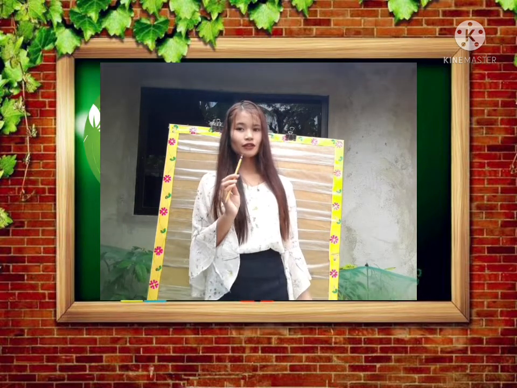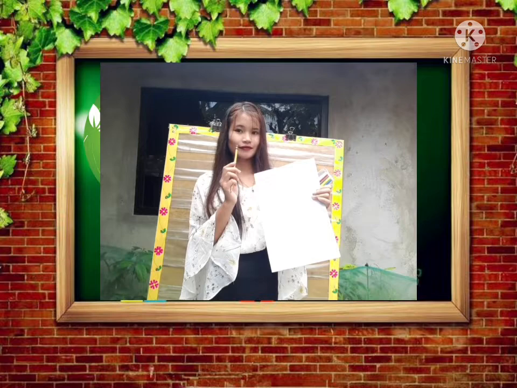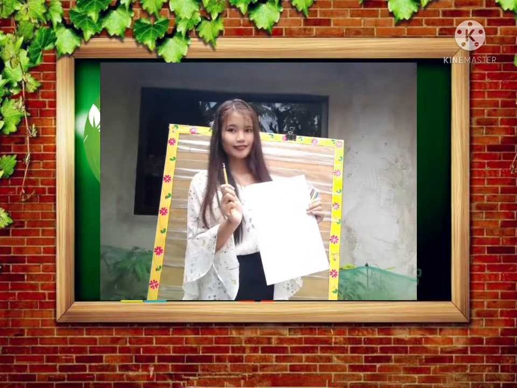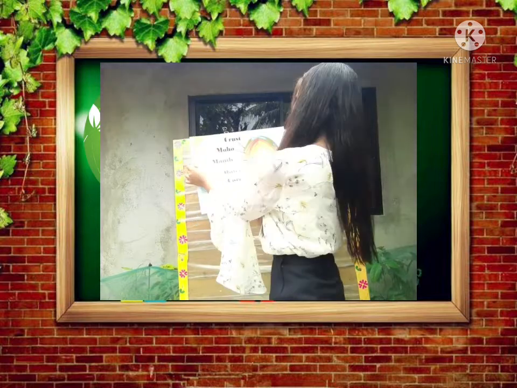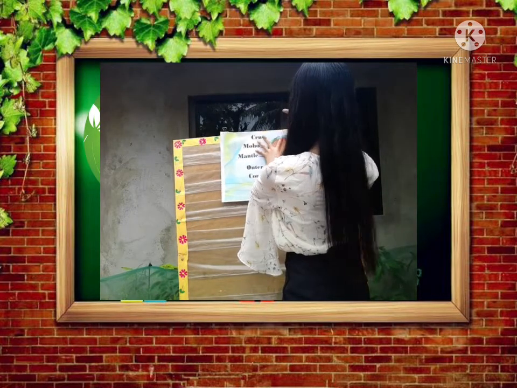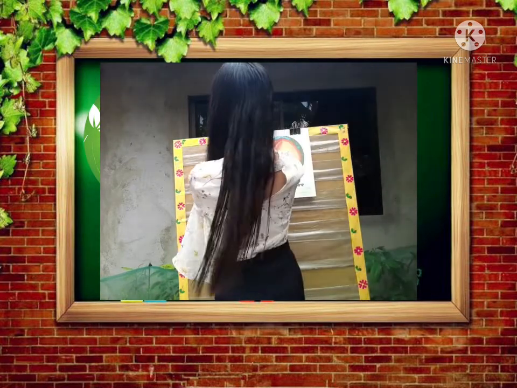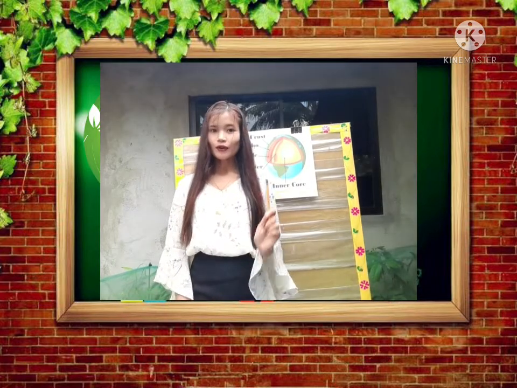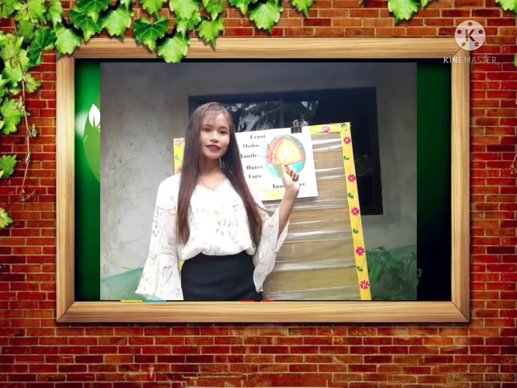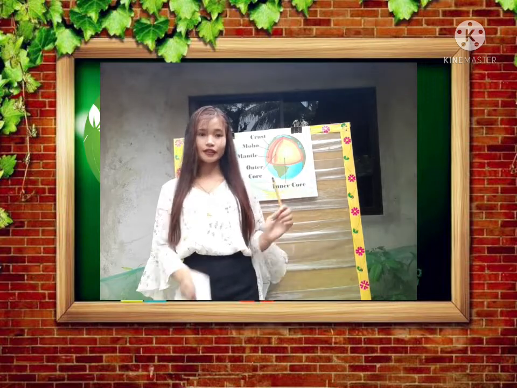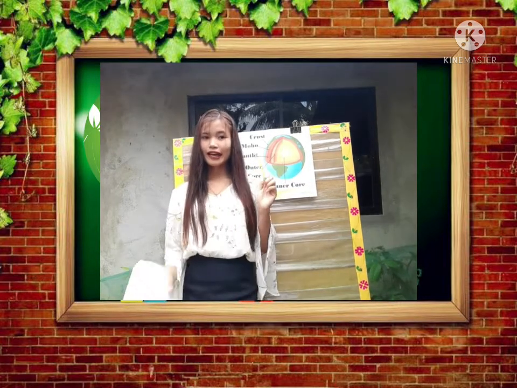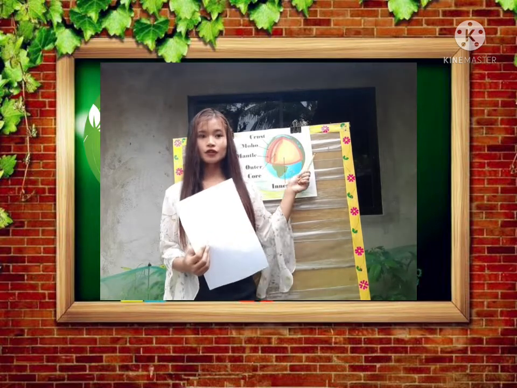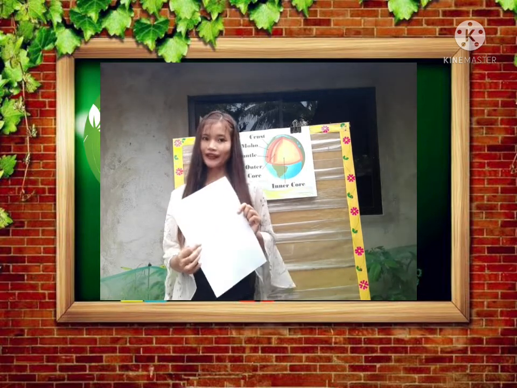Everybody bring out your drawing materials. Here is the picture of the earth being cross-sectioned. Now, you are going to illustrate the layers of the earth on the bond paper. Be creative enough if you want to color its parts.